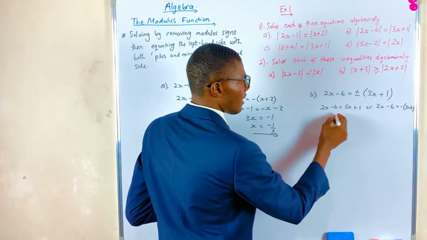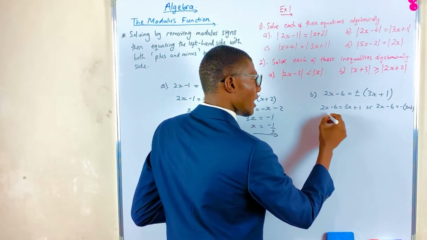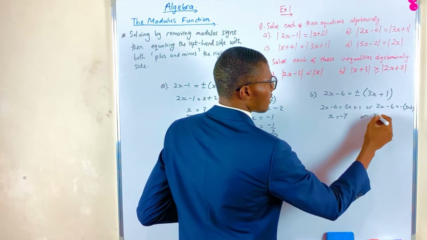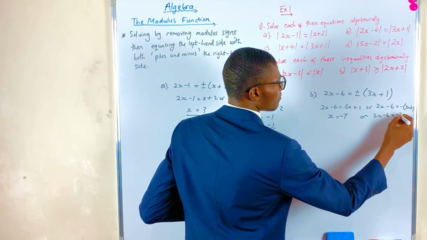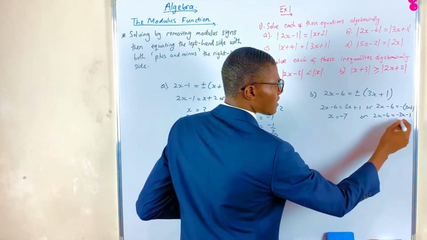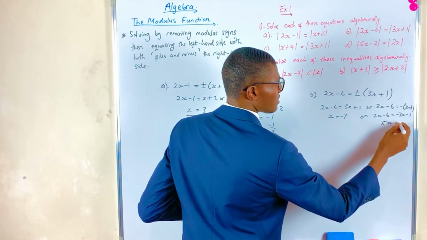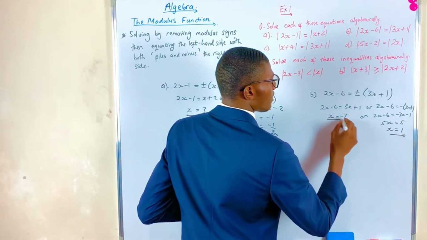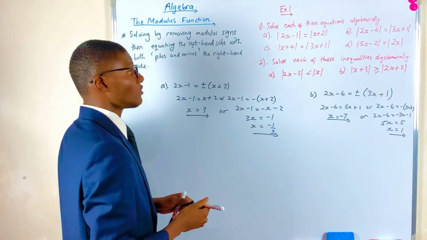Then solving for x, x is equal to minus 7, or 2x minus 6 is equal to minus 3x minus 1, such that 5x is equal to 5, then x is equal to 1. So either x is equal to 1 or x is equal to minus 7.